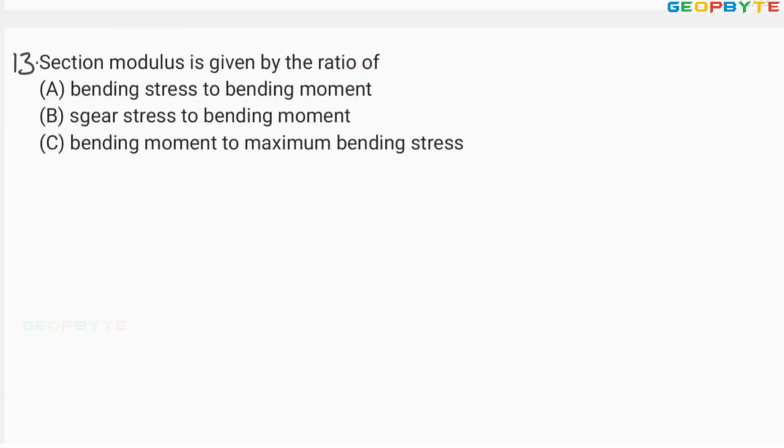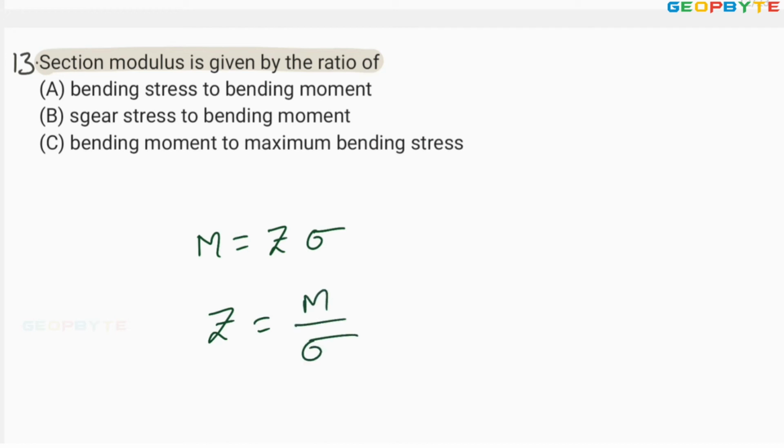Look at the next problem. The section modulus is the ratio of... Bending moment M equal to section modulus times the bending stress. Therefore, section modulus equal to bending moment by bending stress. Options: bending stress to bending moment? No. Shear stress to bending moment?